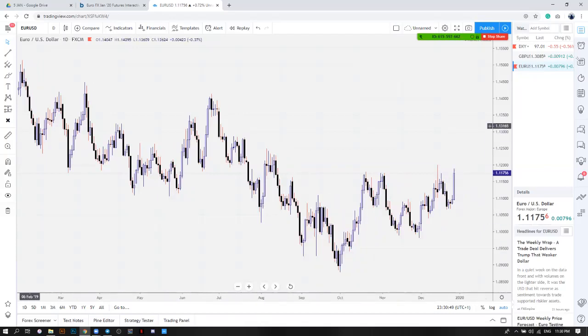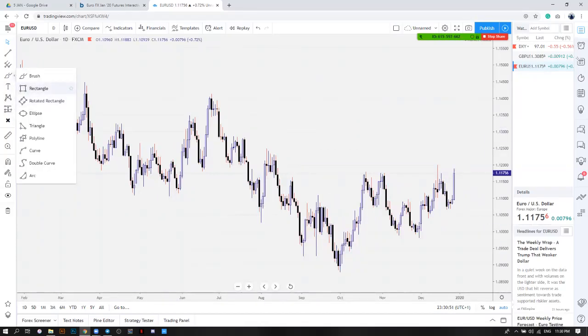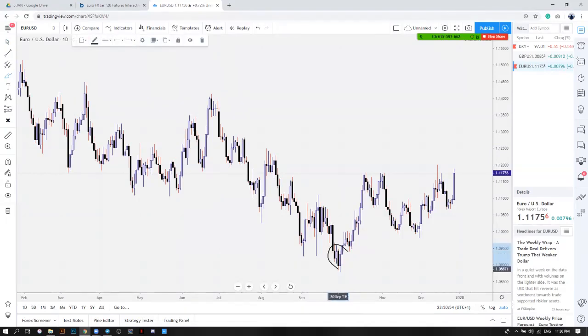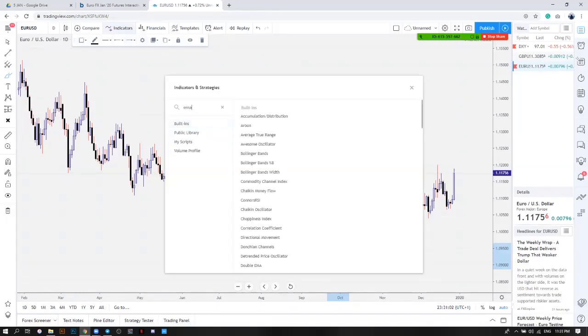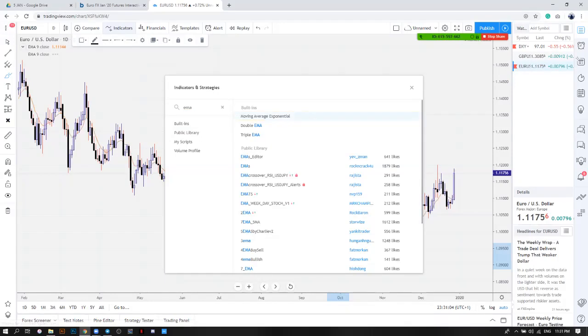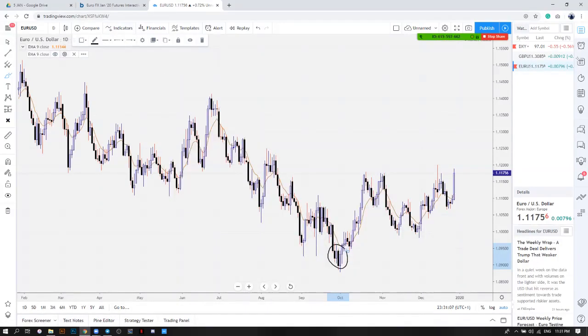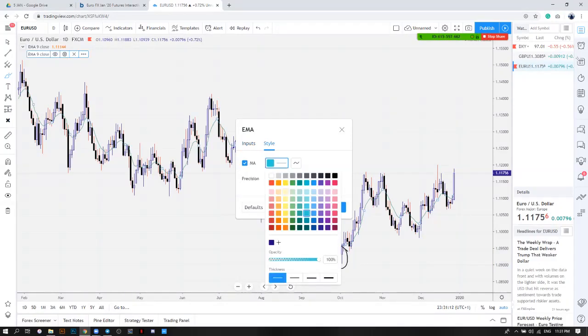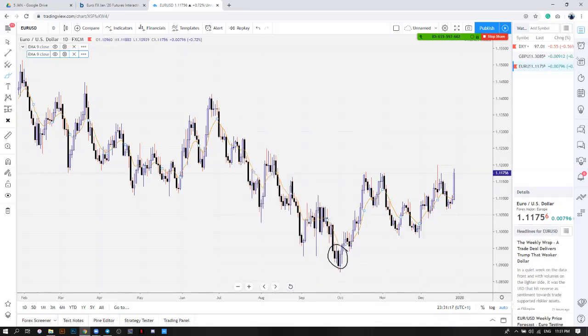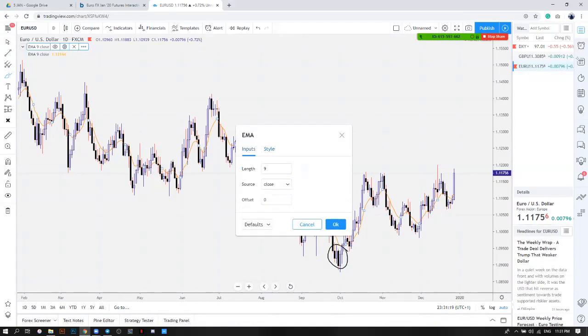For example, if we wanted to confirm a shift in market structure from here, we simply go to the indicators, type in EMA, click that twice, and edit it. I usually like to make the 9 yellow, and we make the other one 18, because we need to watch the 9 and 18 moving averages.